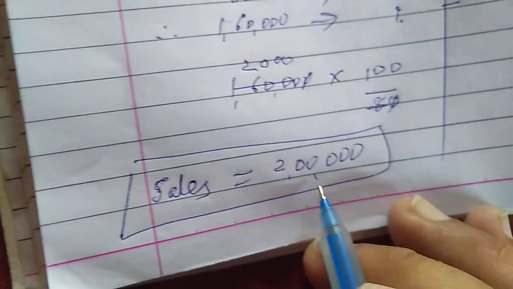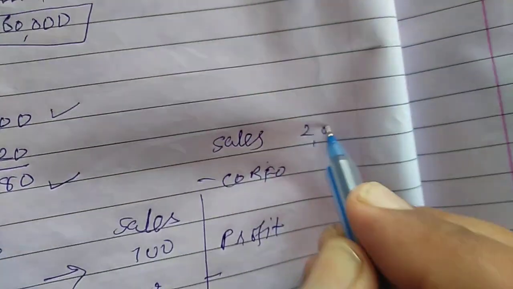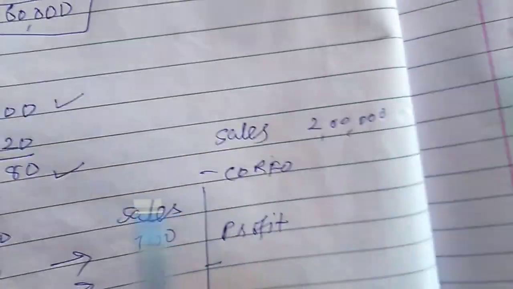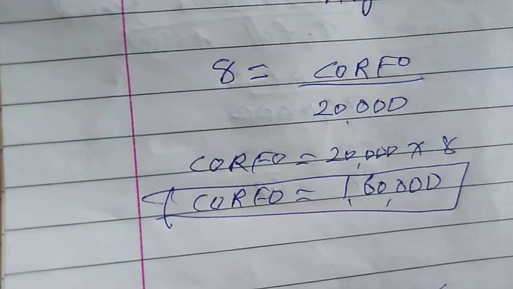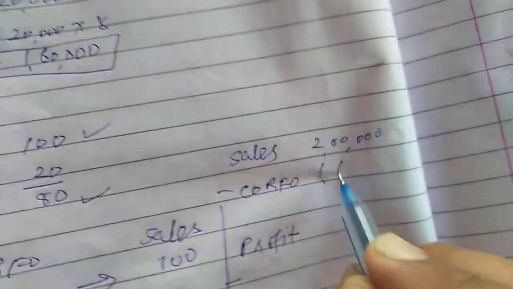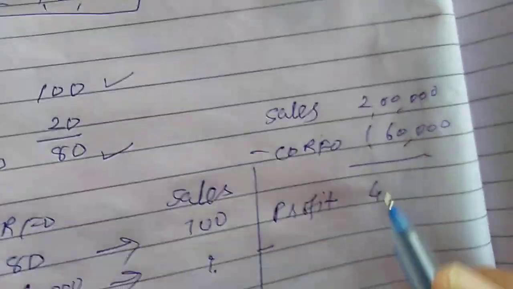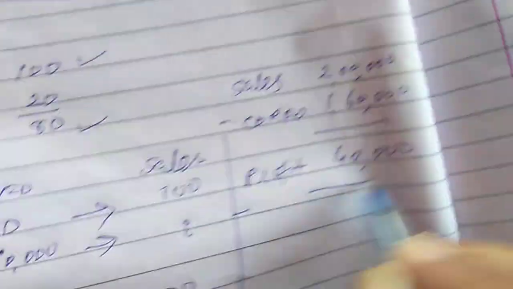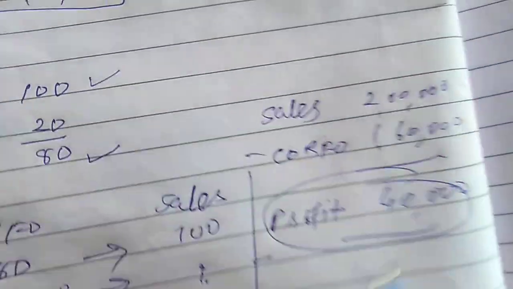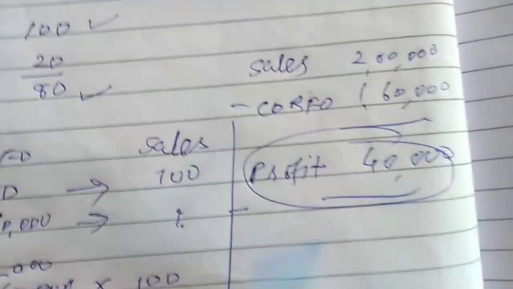Sales is 2 lakh minus cost of revenue from operation 1,60,000. So 40,000 is the profit. This is the answer. Here we have to ascertain the profit of the firm, so the profit of the firm is 40,000.